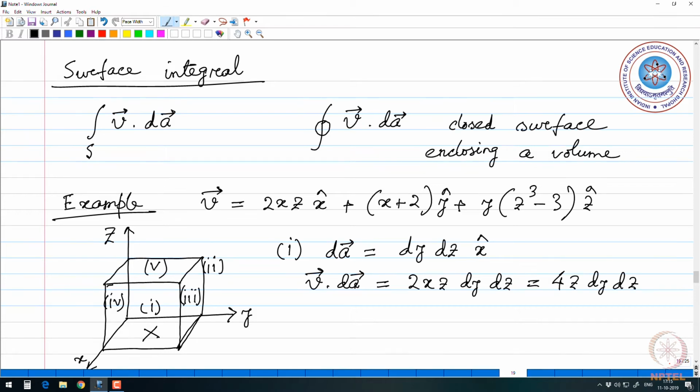If we perform the integral now, integration over v dot dA, that will be 4 times integration over 0 to 2 dy, because 2 is the arm's length, times integration over 0 to 2 z dz.